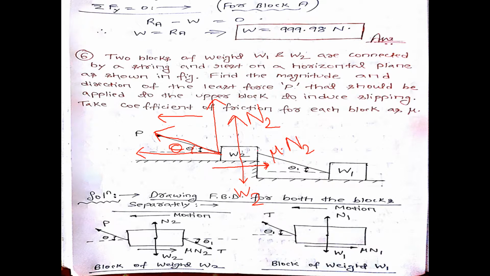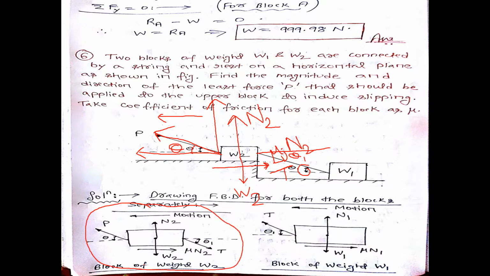Now the second block is connected with the first block by this string, so this block will exert some tension T on the string. If this angle is theta 1, then by the property of angles this angle will also be theta 1. And this is the final free body diagram of the second block.